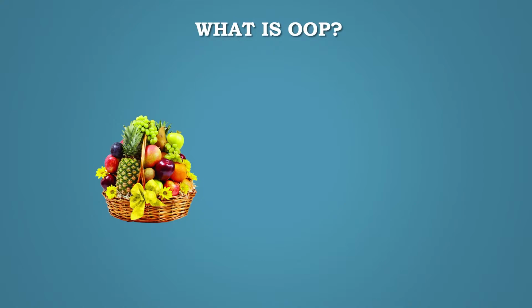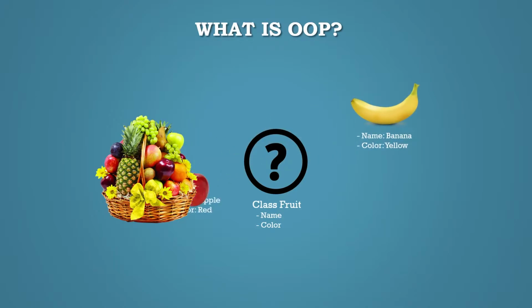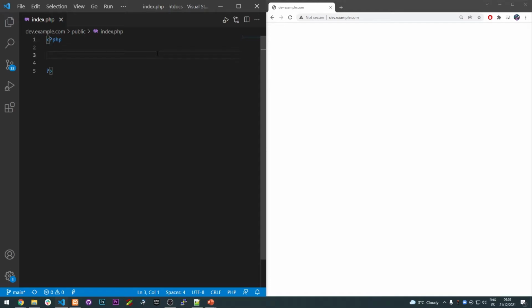With this design pattern, we can simply define a class fruit, which will have properties as variables inside of the class. And then we will create each instance of the class fruit with different values on those variables. An apple will have the red color and the name apple, and a banana will have the yellow color and the name banana. Now let's implement this example in code.